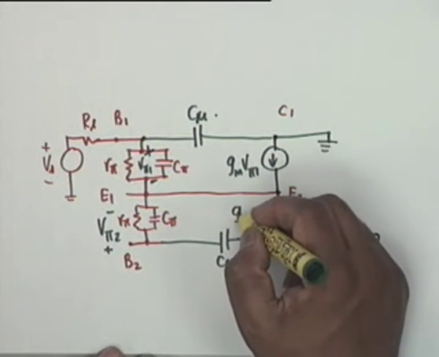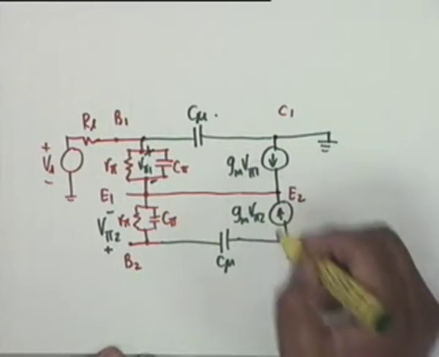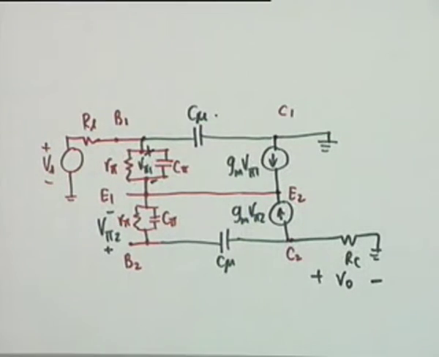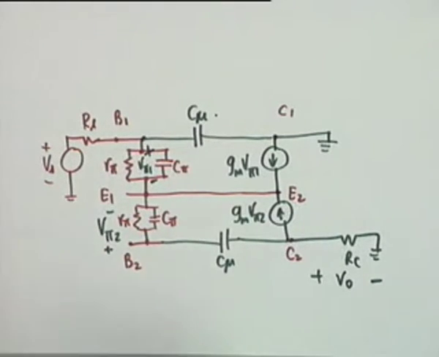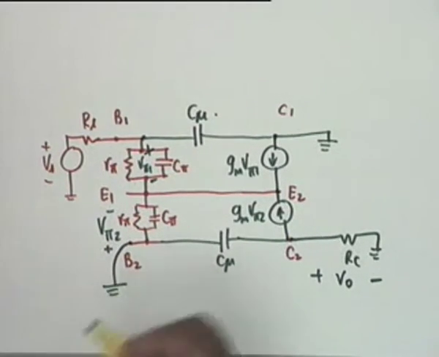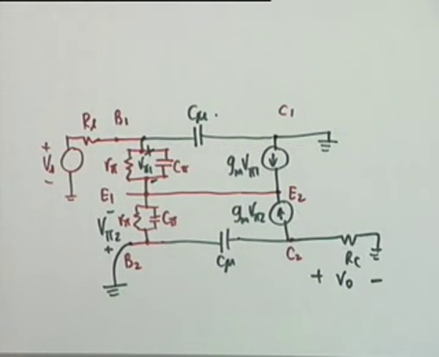Which is Gm times V pi 2. The circuit is complete. E2? Base B2 is grounded, yes. B2 is grounded. Anything else left?